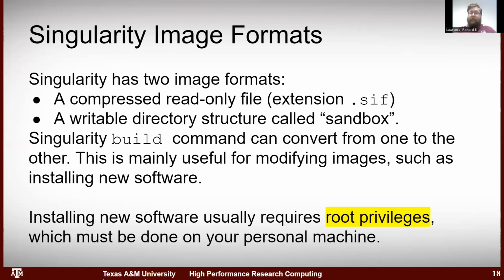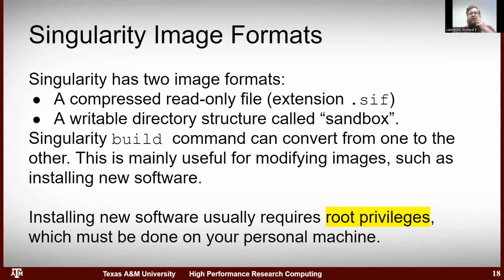Singularity build is the command that can convert from one file format to the other. This is mainly useful for modifying images, such as installing new software. If you have an image that's almost what you need, but not quite, you just need to install one more little bit of software, Singularity build might be what you would use to do that.